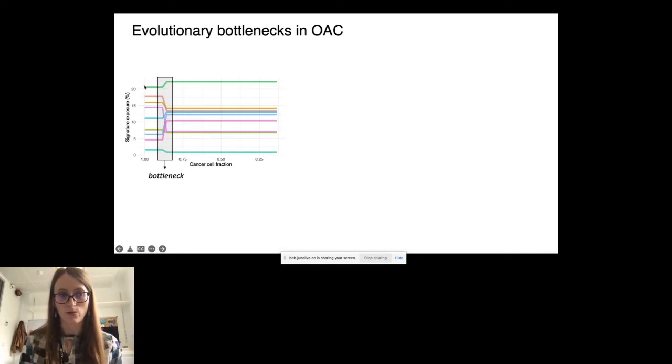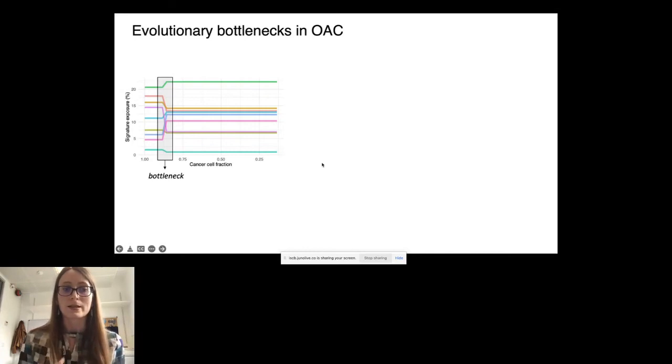So the green one is the most intense here, and it's contributing to 20% of the mutations. Now, then at the bottleneck, something changes in the system, and the green process becomes a bit more intense, but other processes really drastically decrease in intensity, such as this magenta process that goes from 15% to something like 7%.